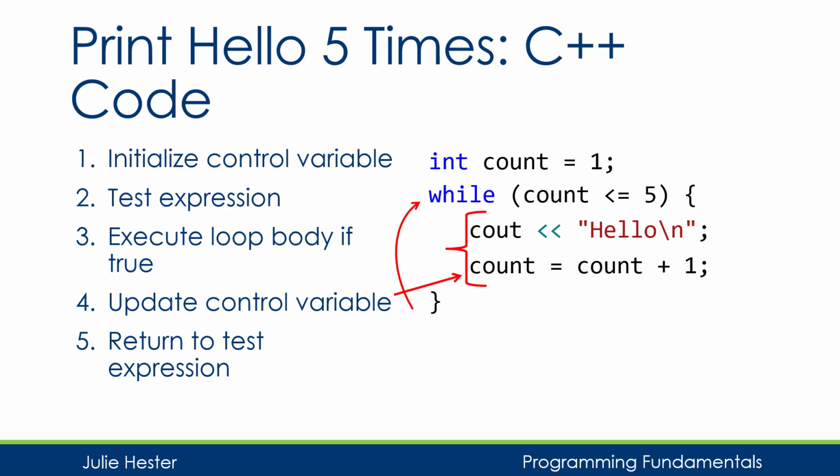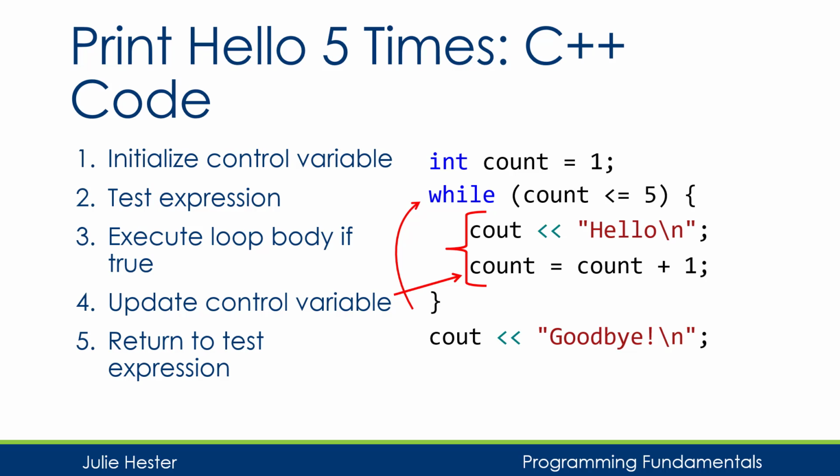After I've executed this loop body 5 times, in this example, my count will have a value of 6. The test expression will no longer be true. And now I will continue by executing the next line of code, which here is a statement that says goodbye.